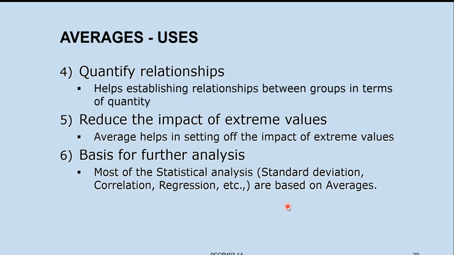Reduce the impact of extreme values. The extreme values means, for example, data is given like this: 10, 20, 30, 40, 50, 60, 100, 150, 200. This is possible. So the impact of extreme values, for example, 10, 20, 30, 40, 50, 60, average is, you can calculate that. 10 plus 20 is 30, 30 plus 30 is 60, 60 plus 40 is 100, 100 plus 50 is 150, plus 60 is 210.